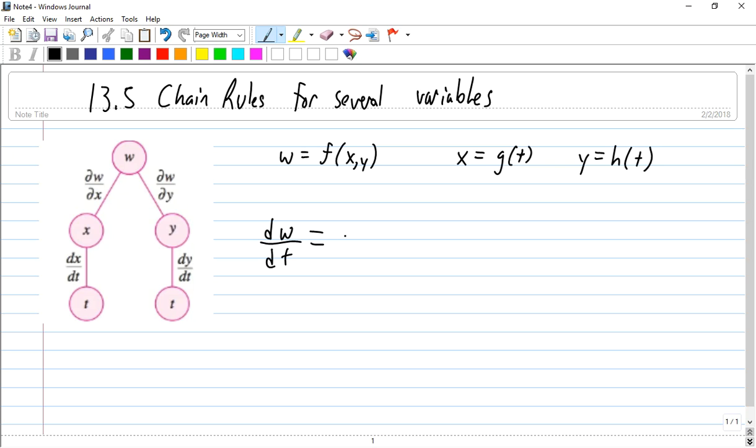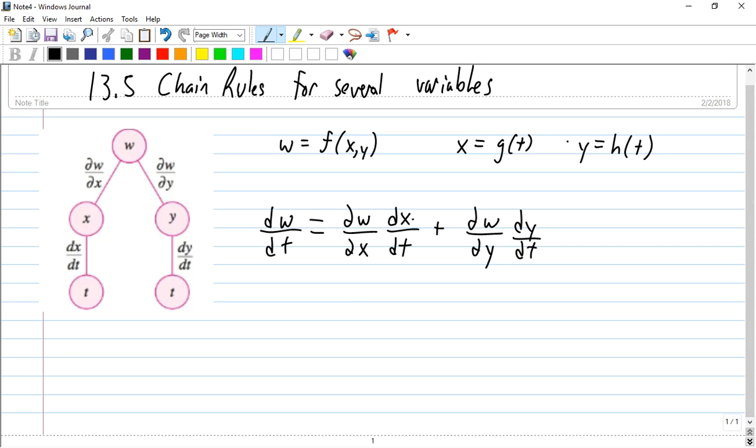Well, to find the derivative of w with respect to time, you have to take the partial derivative of w with respect to x, times the derivative of x with respect to time, plus the partial derivative of w with respect to y times the derivative of y with respect to time.